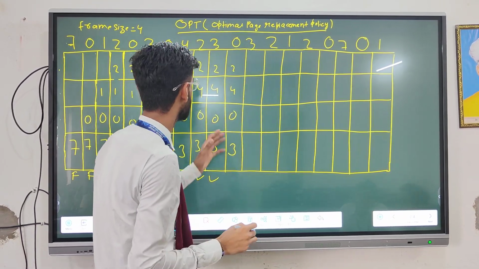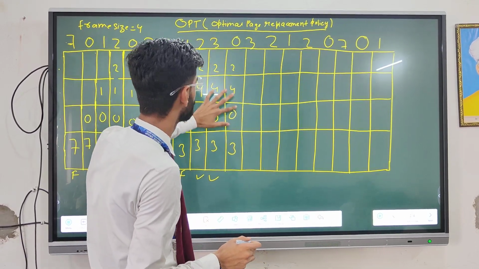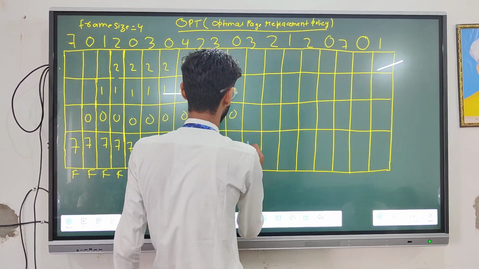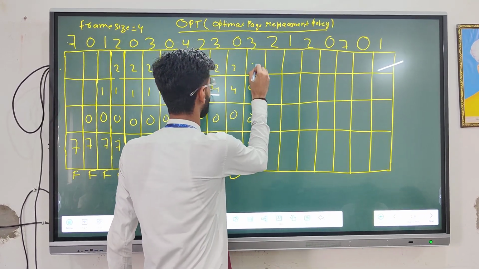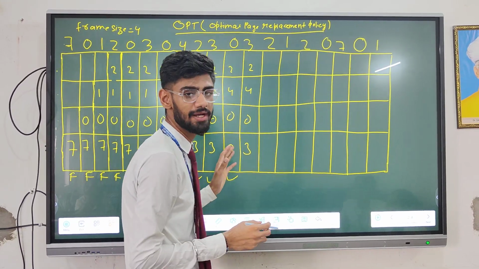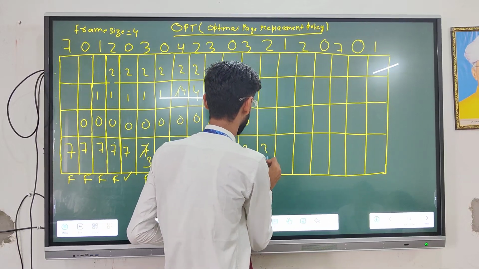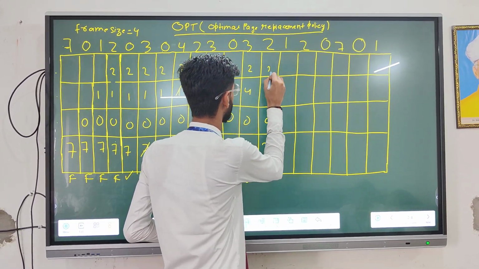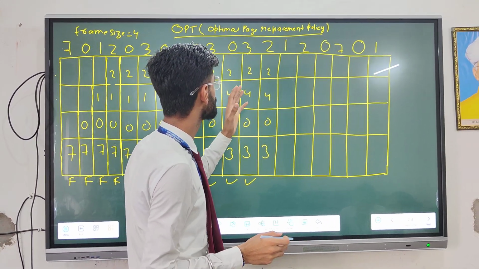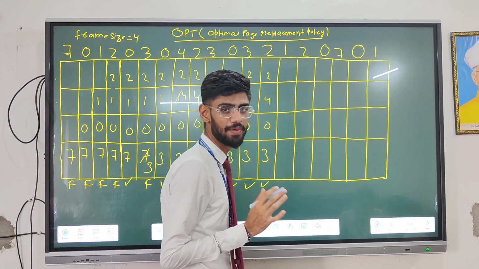In the next we have to find 0 in the memory, and 0 is already present, so no page fault occurs. In the next we find 3 already present, so no page fault. In the next table we have reference string 2, and 2 is already present, so again no page fault occurs.